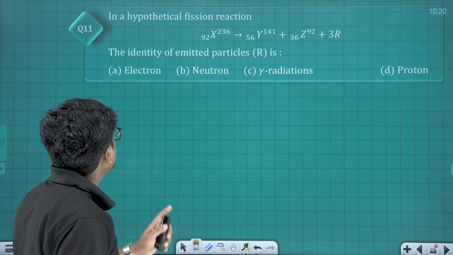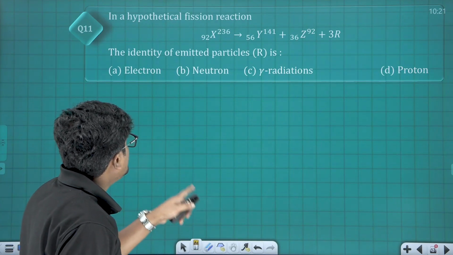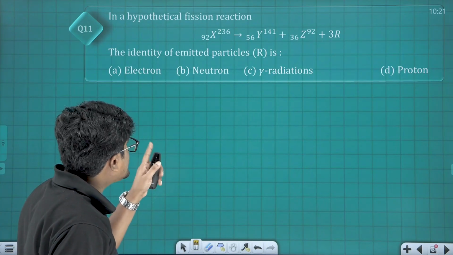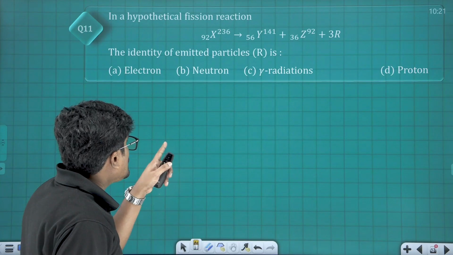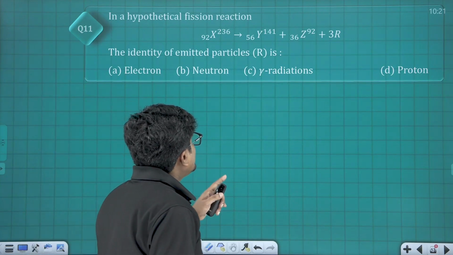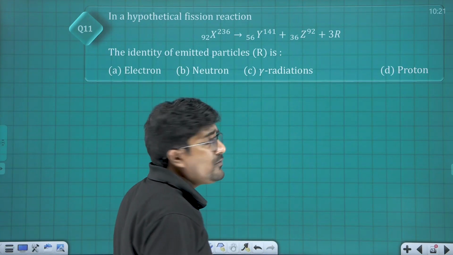Next is question number 11. Question number 11 says, in a hypothetical fission reaction, we have X 92 236 getting dissociated to Y 56 141 plus Z 36 92 plus 3 times R. What is going to be the R value here?